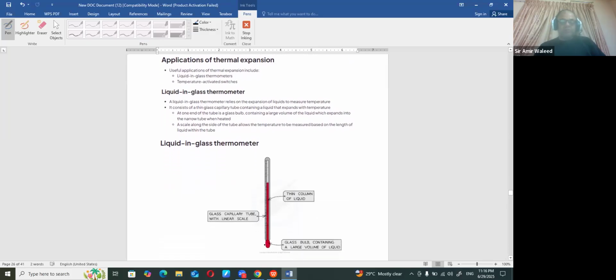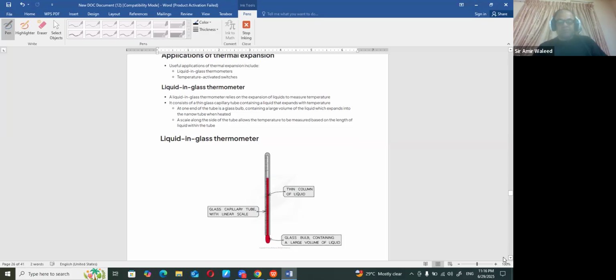As soon as the mercury is struck with a hot object or some heating material, the mercury starts expanding. Why does it start expanding? Because the molecules gain enough kinetic energy and they start moving up. It's in the liquid. So this is one of the applications of expansion in liquids.